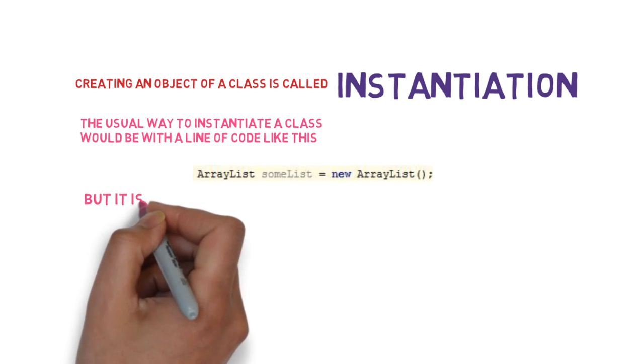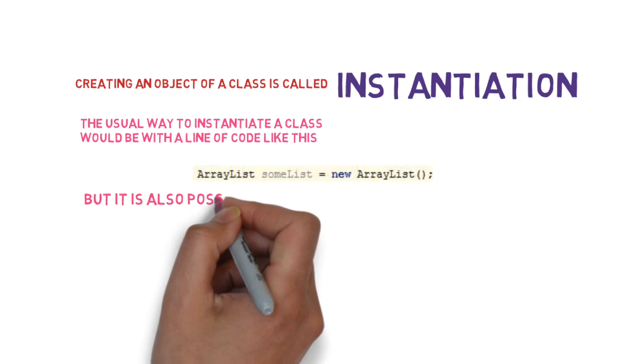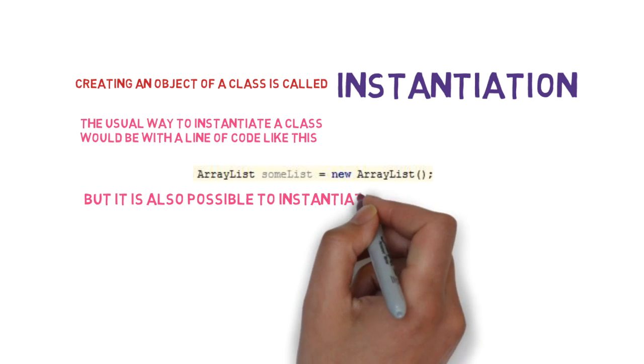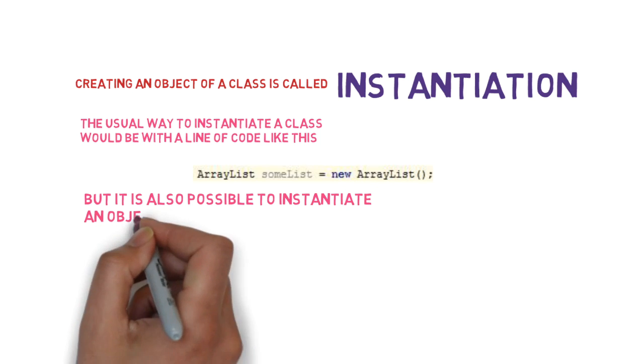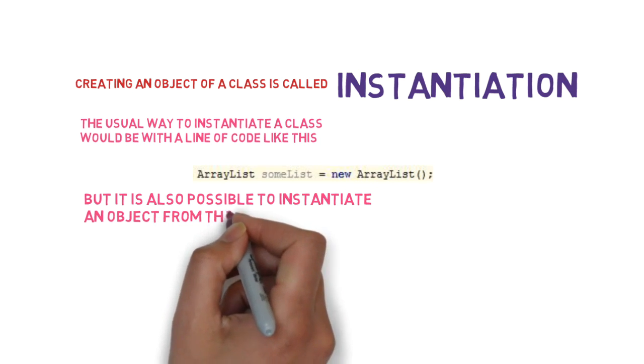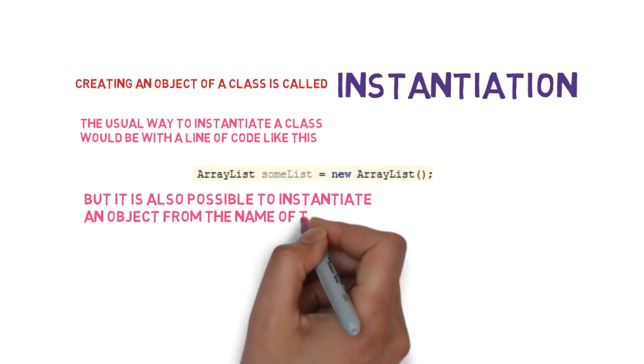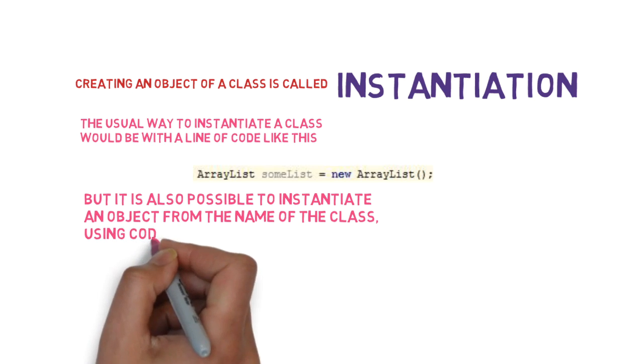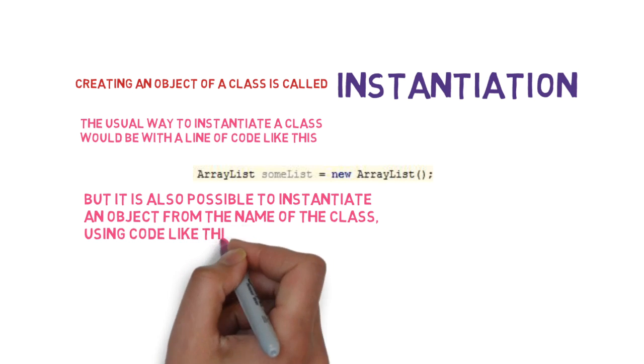However, it's also possible to instantiate an object from the name of a class. So we don't know the actual class, we just know its name, and it's possible to instantiate an object from the name of the class using code which looks something like this.